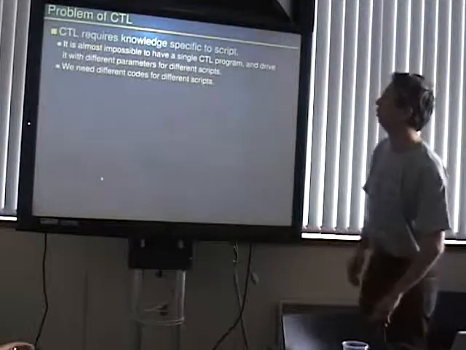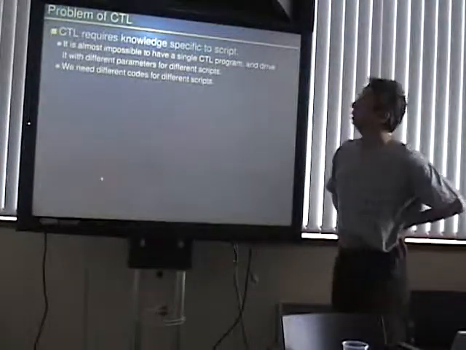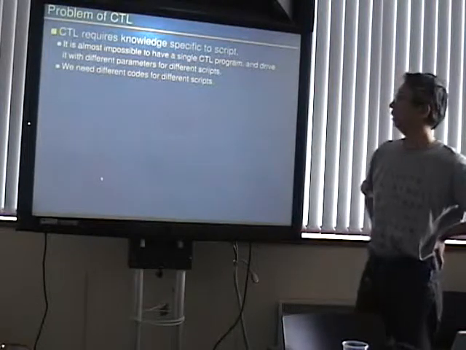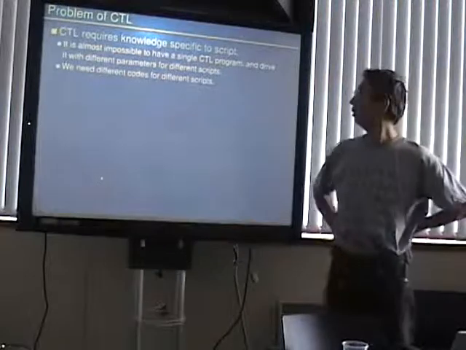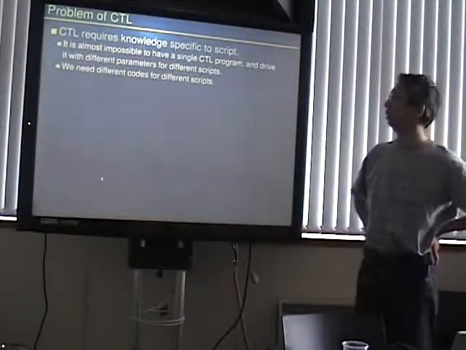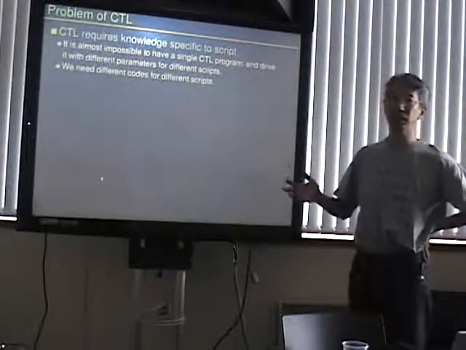So the problem of CTL, complex text layout: first, it requires knowledge specific to the script. It's almost impossible to have a single CTL program and drive it with different parameters. So we need different code for different scripts.